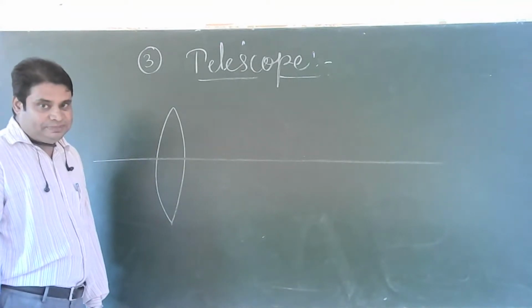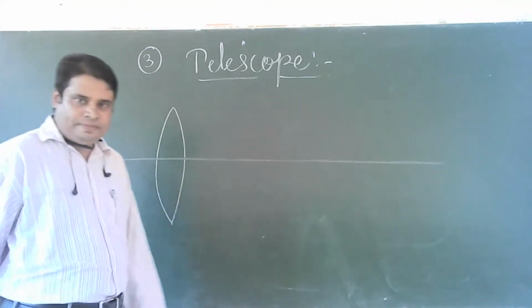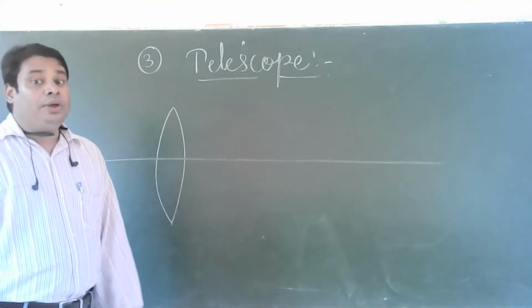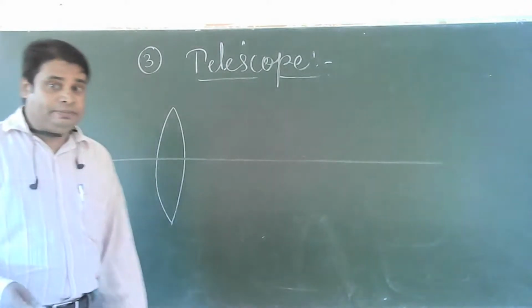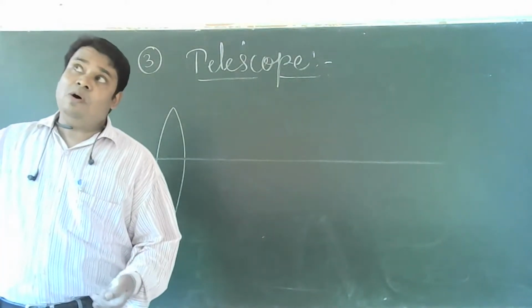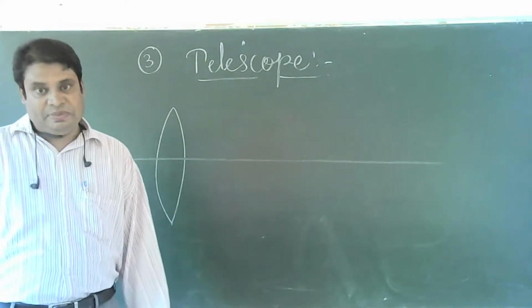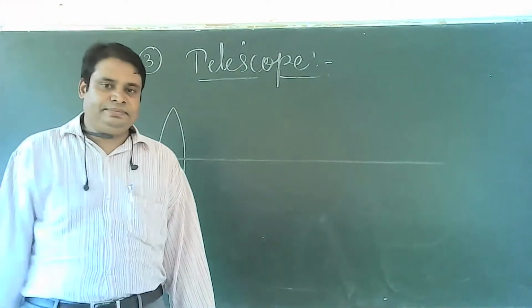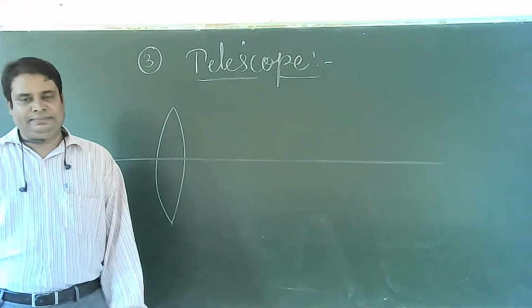Where is the position of the object? The object is quite distant, like some planet or some star. A beam of light has to travel the longest distance. Your object is at infinity.